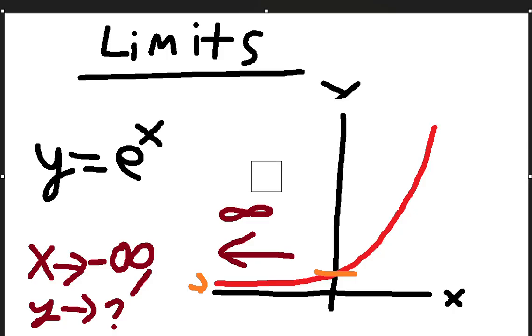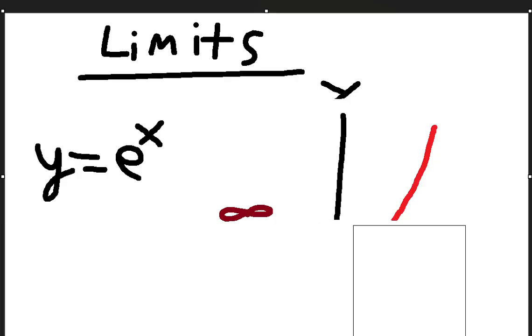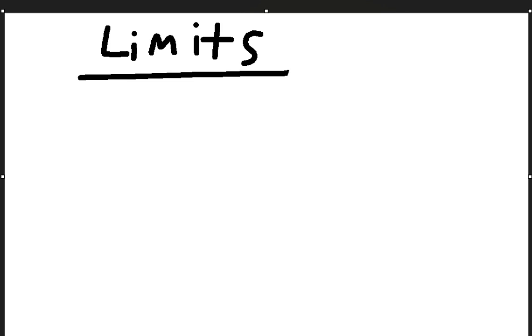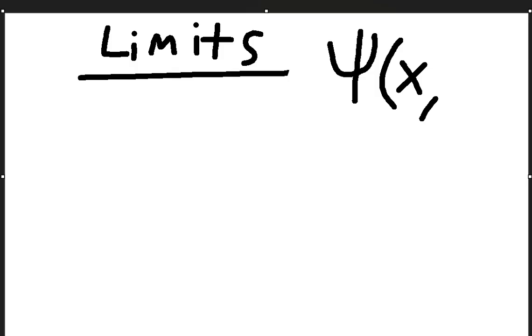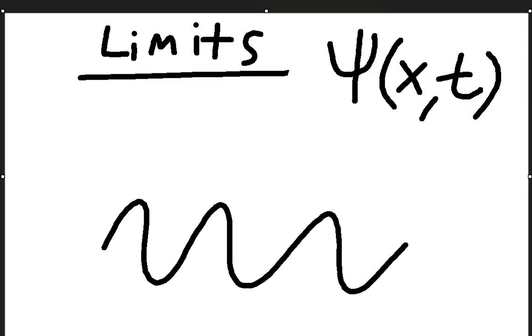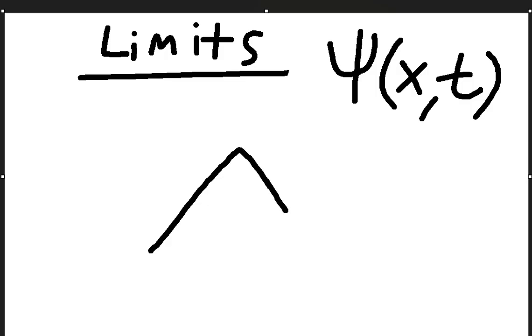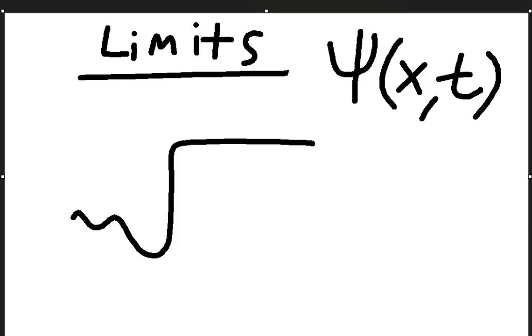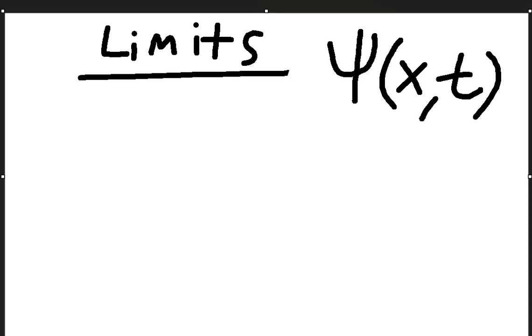But remember, this is about quantum mechanics. So let's consider a different thing. Remember, in quantum mechanics, we have to deal with wave functions in terms of things like x, or t, or whatever. And so a wave function will look wavy, or it might look something like this, or it might look like this, or it might take any manner of forms.